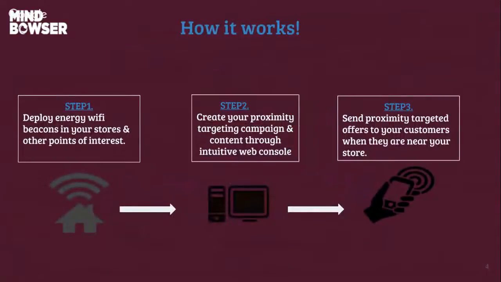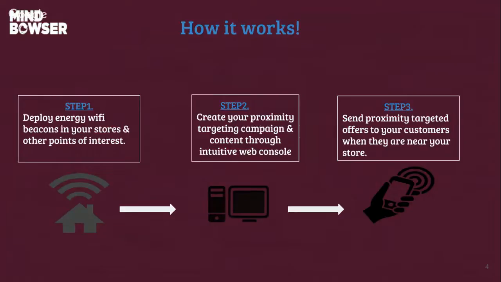So how exactly does it work? Deploy Bluetooth Low Energy or Wi-Fi beacons in your store and other points of interest. That would be the first step towards building proximity marketing. Create your proximity-targeted campaign and content through the intuitive web console.